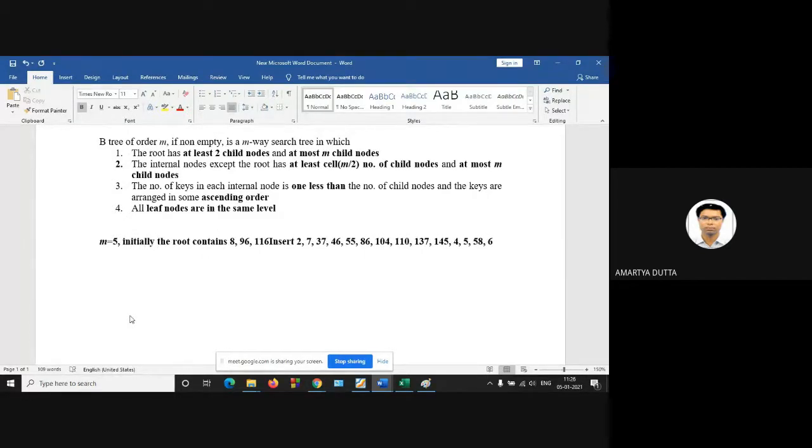Initially the root contains 8, 96, and 116. Now insert 2, 7, 37, 46, 55, 86, 104, 110, 137, 145, 4, 5, 58, and 6.